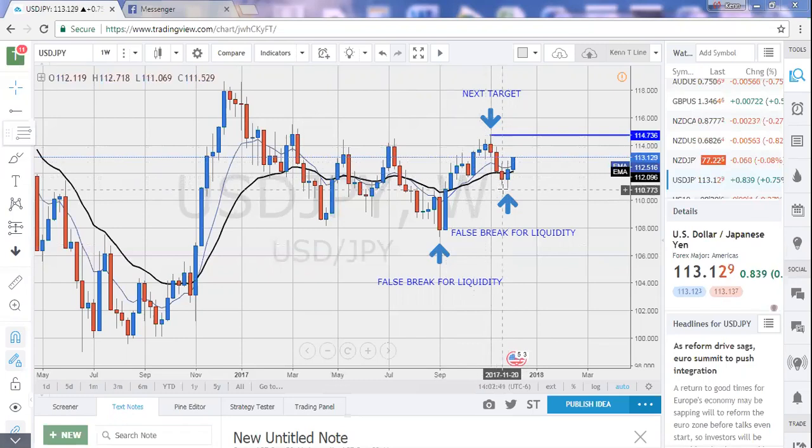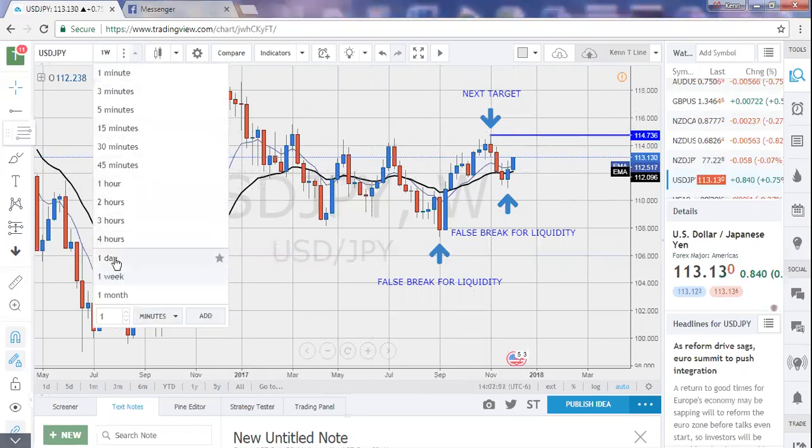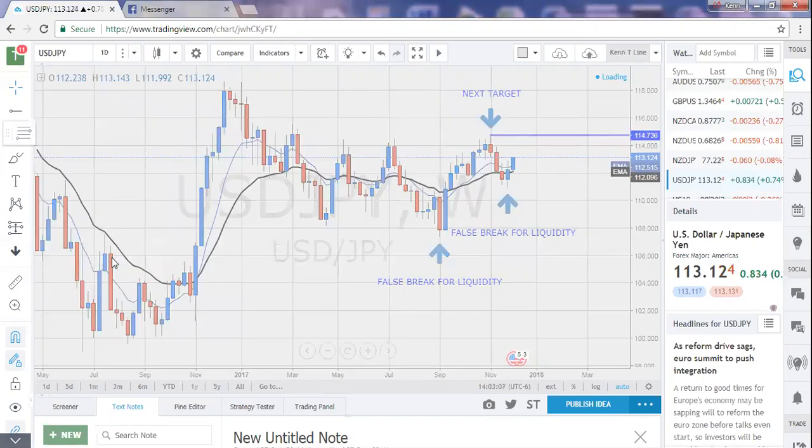And once we do that, that's when we're going to start looking for a reason to get in the market. So at this point, right now, we're going to switch to the daily candles. And before we do that, as you can see here, this is the next target area that we're going to be taking profit right here just above it. And let's go down to the daily, and I'm going to show you what we're going to do here.